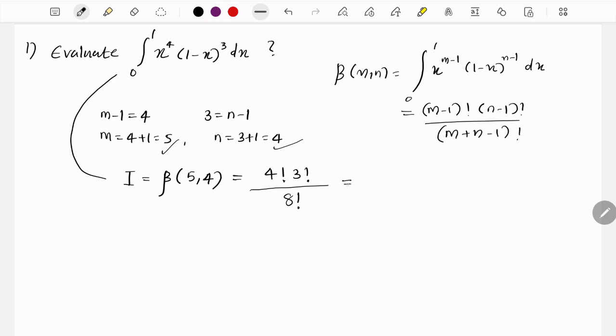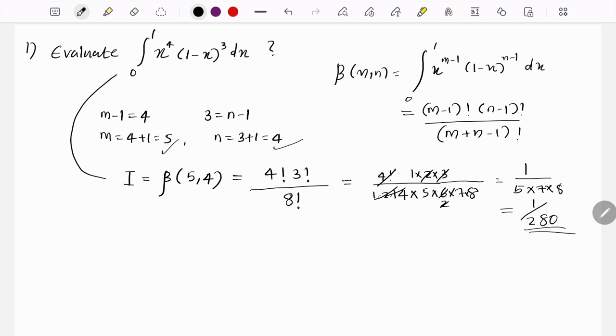Okay, so here 4 factorial will cancel, because in the denominator there is 8 factorial. Okay, so we got this will cancel, and 2 and 6, we will get 2, and this is equal to 5 into 7 into 8, that is 1 by 280.